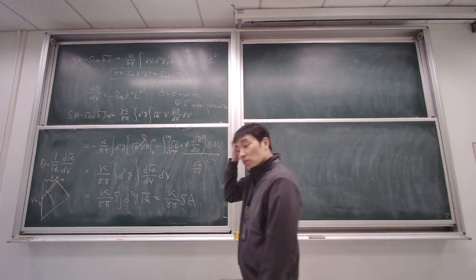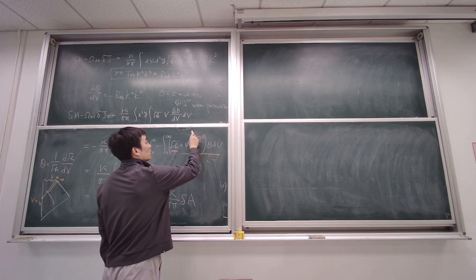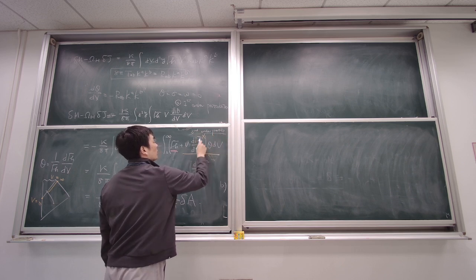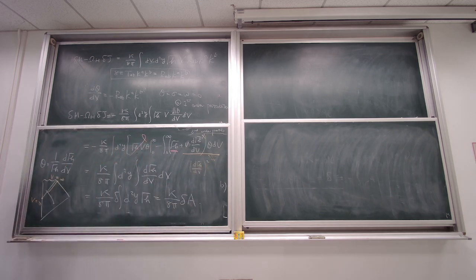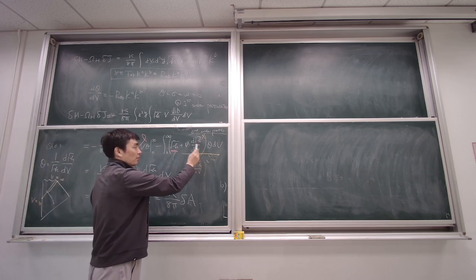Let's resume. So, in fact, this is the second order perturbation. This term is second order, because theta is already first order perturbation, because d square root h dv, and d square root h dv is also first order perturbation.